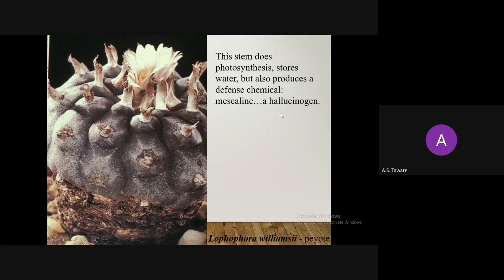Hallucinogenic means that after taking the smell of this, the person is not able to control their emotions. If any animal tries to eat this, the animal is not able to control its activity. So those compounds are known as hallucinogenic compounds.